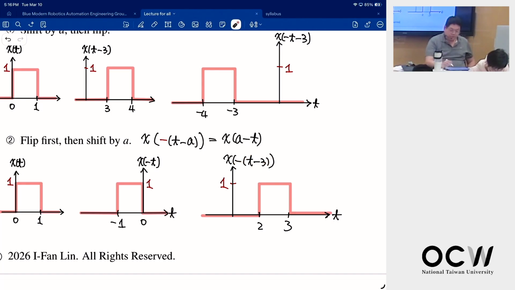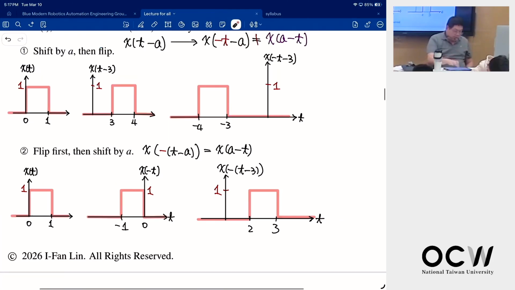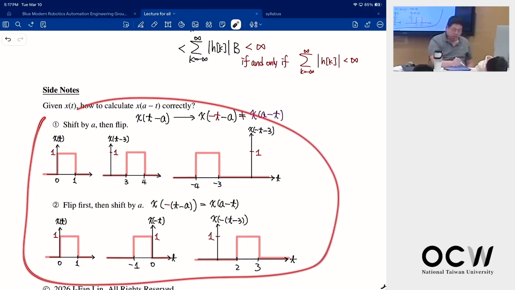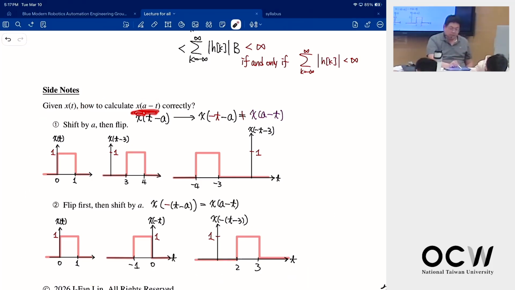So overall you can see that x of t minus 3 means shift to the right. But if I have that minus here, this minus becomes like a shift to the left. So be careful that if you try to plot x of a minus t, that means you need to flip first, then you shift.